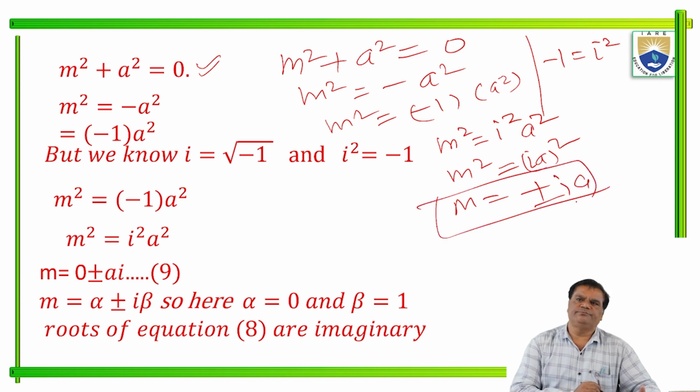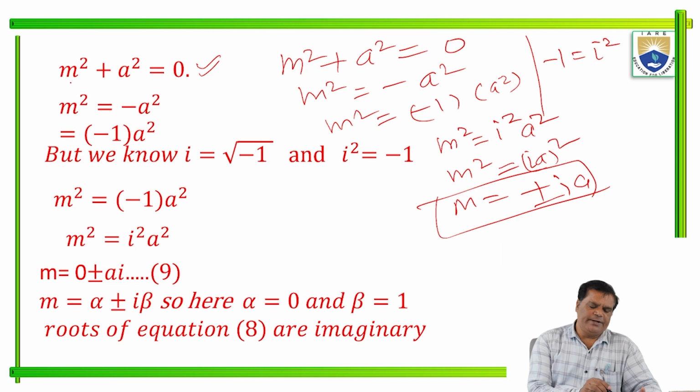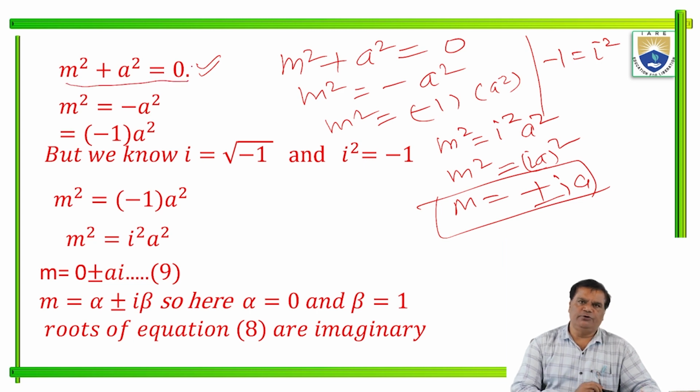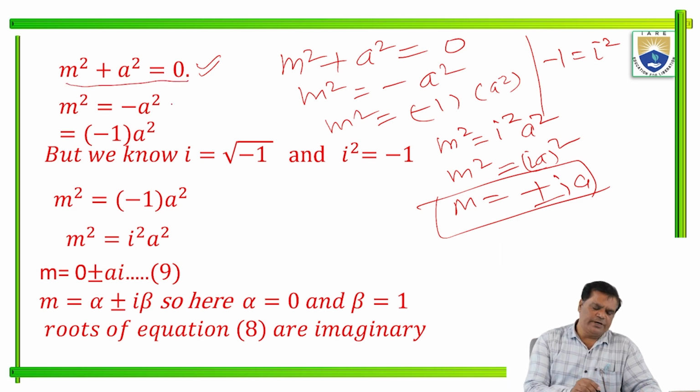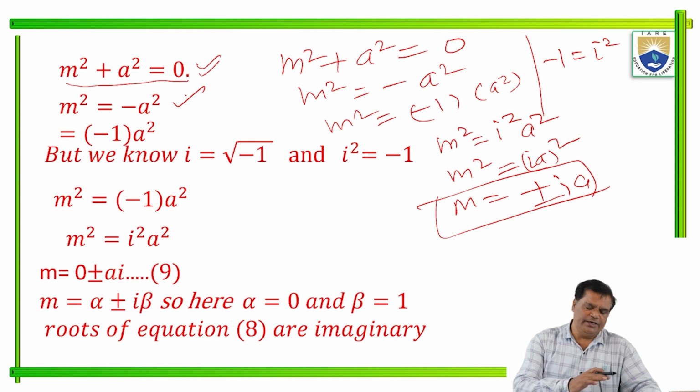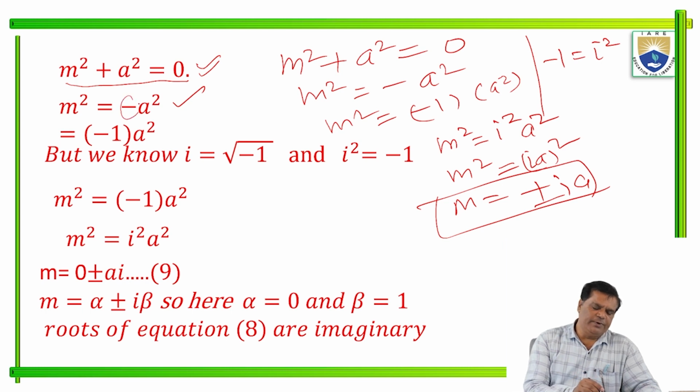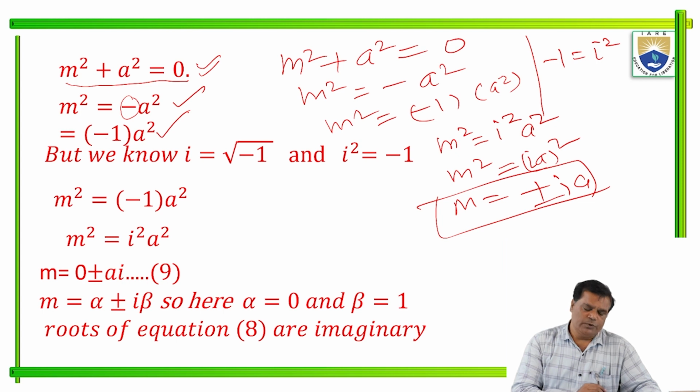These are the roots. Here I am taking m square plus a square equal to 0, so m square equal to minus a square, taking the right hand side with a negative sign, that is minus 1 into a square. But we know that i equal to under root minus 1. i is an imaginary number, and i square equal to minus 1.